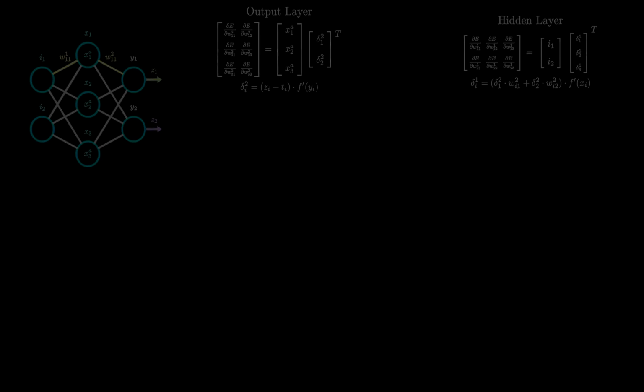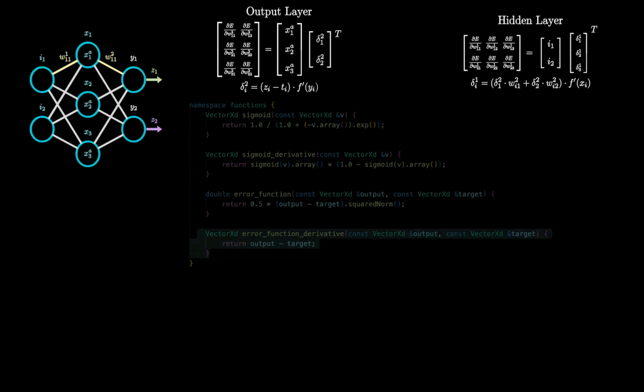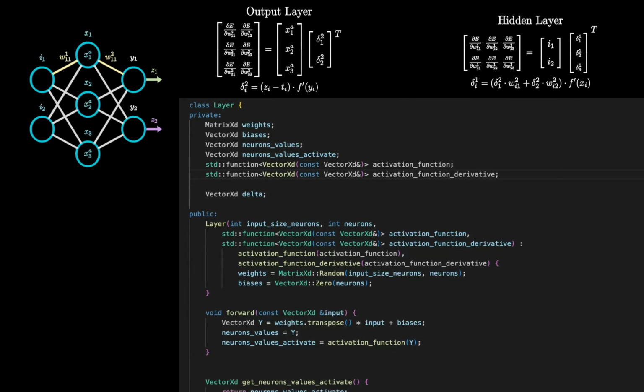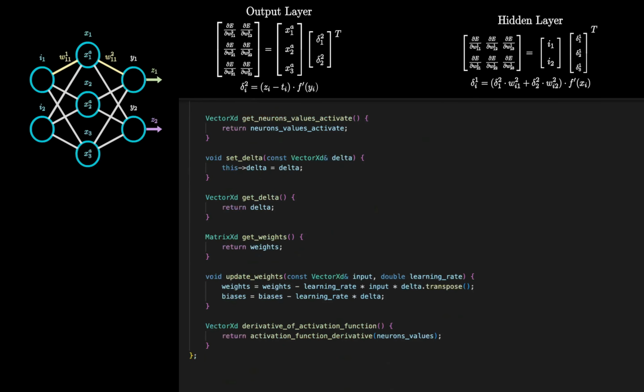Let's take another look at the code. We've added the necessary calculations for the sigmoid function, the error function and their derivatives. These functions are essential for the backpropagation process. In the layer class, we've also introduced the derivative of the activation function and a vector for delta, which will be crucial for calculating weight updates during backpropagation.